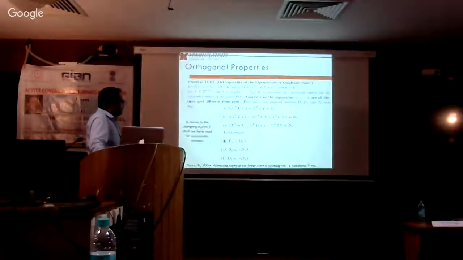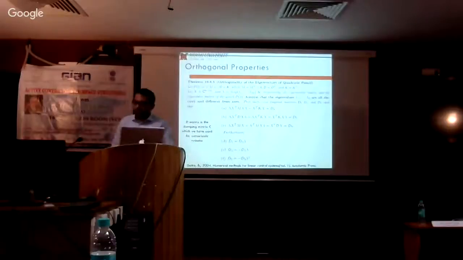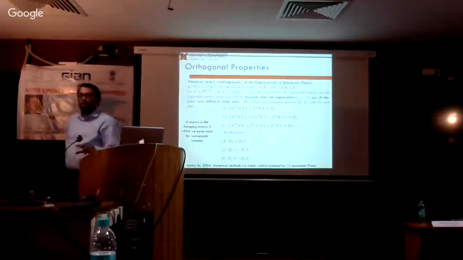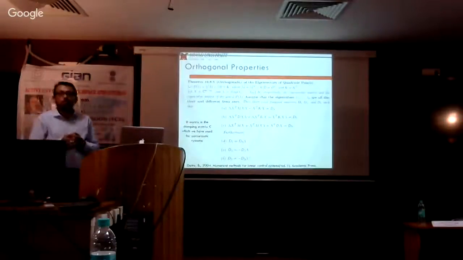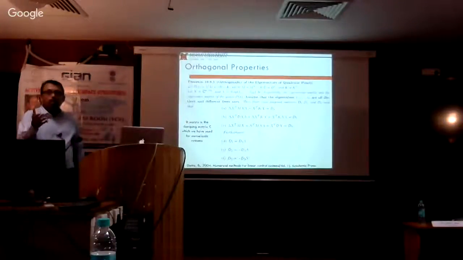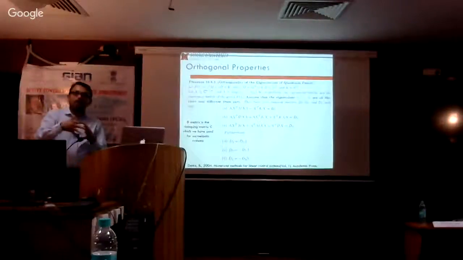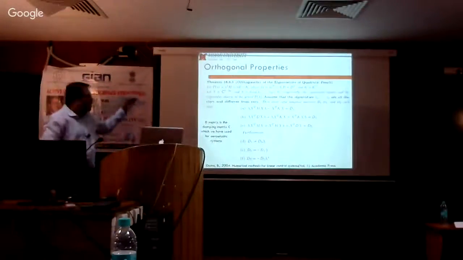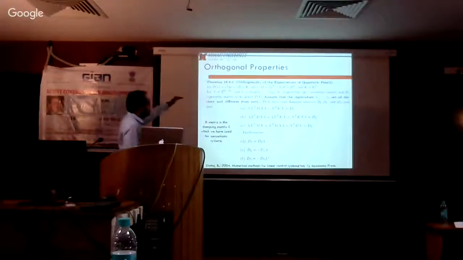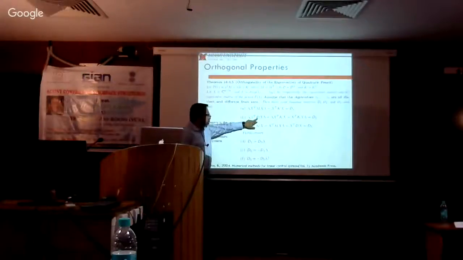Now, if you look at Dr. Datta's book, and I believe in the 80s, he has shown some of the orthogonal properties of this quadratic eigenvalue problem. One orthogonal property we have used in modal transformation, orthogonality of mode shape. There are some other relations based on M, C, and K. Note that the P here, which he used, these are the damping matrices.